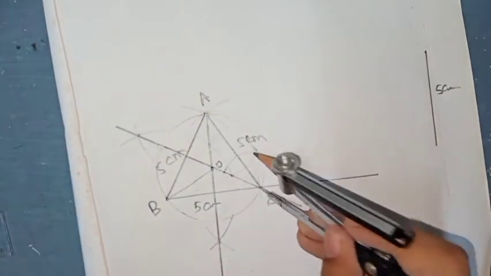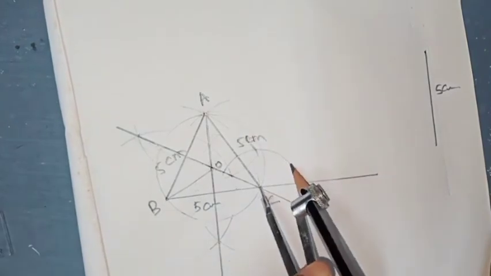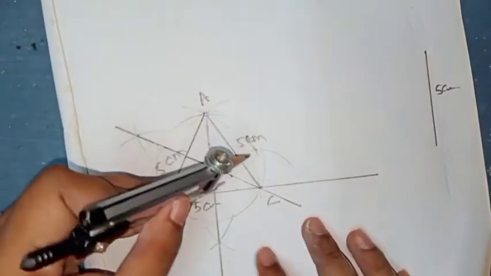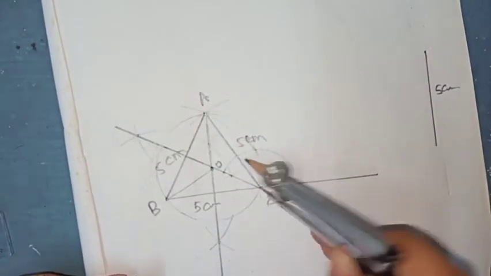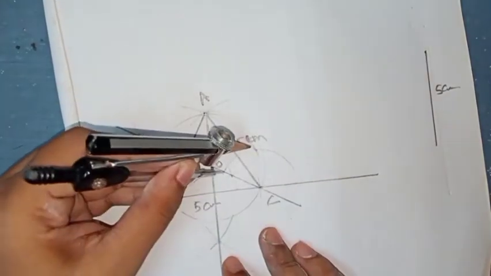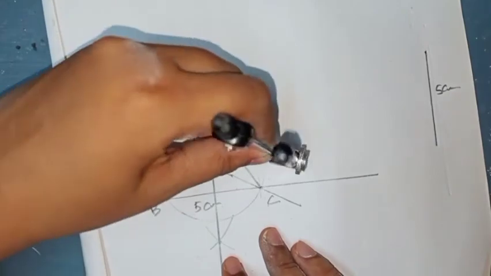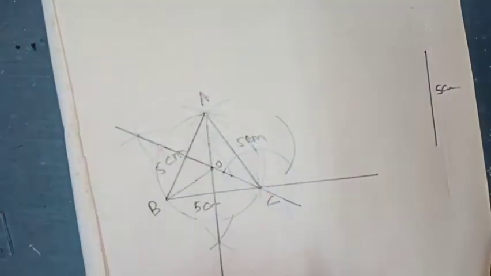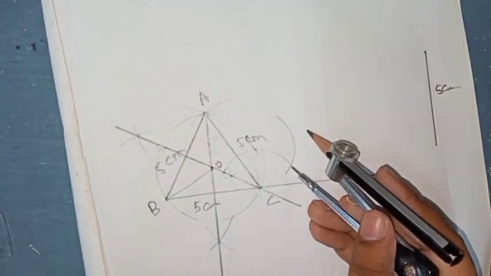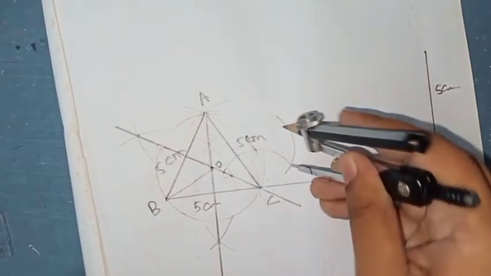Make it a little bit larger, so that after taking from point C, make one arc, then keep in this point and make one arc, then keep in this point and cut like this. Okay, then keep in this point and cut this.